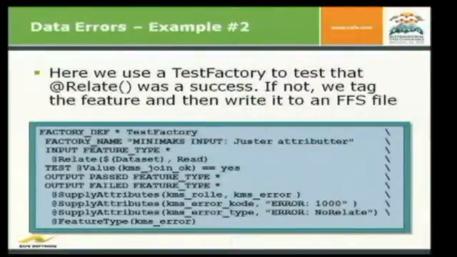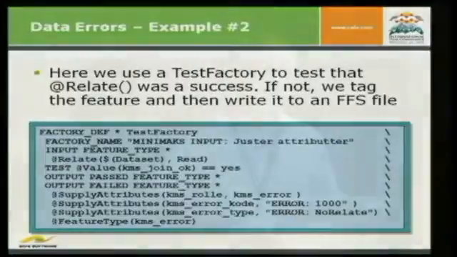A different example is that we have a test factory and do an attribute relate, where we go to a database to fetch some data. If it can't join, we add an attribute if it's okay, and then we just pass it on.